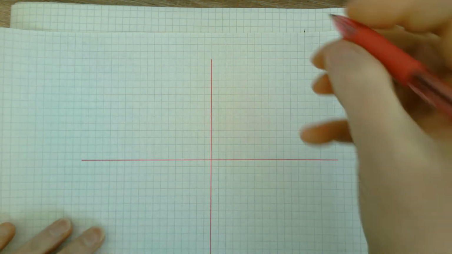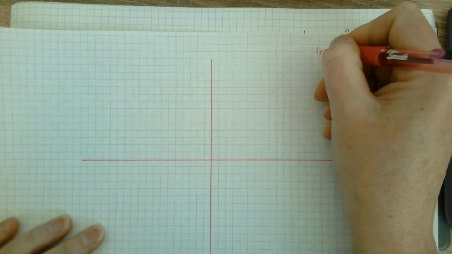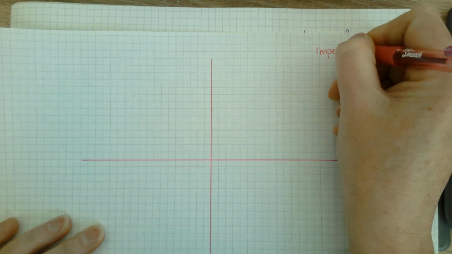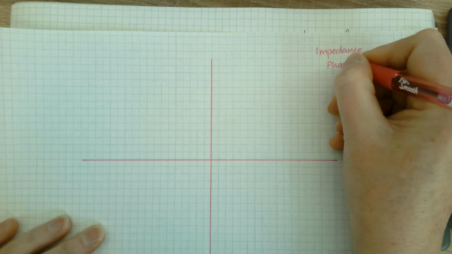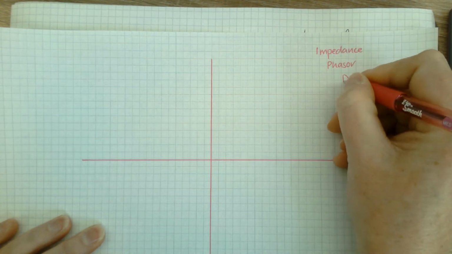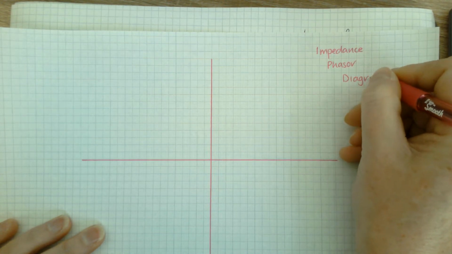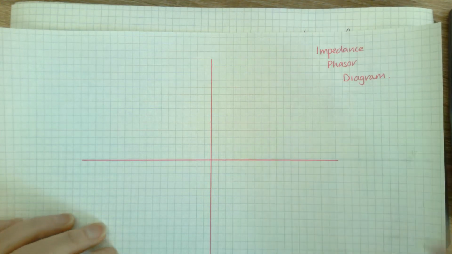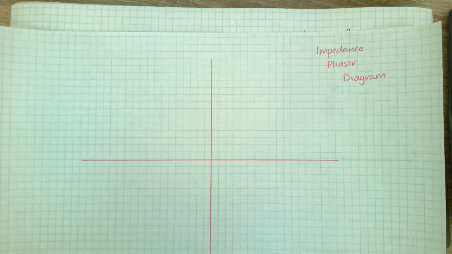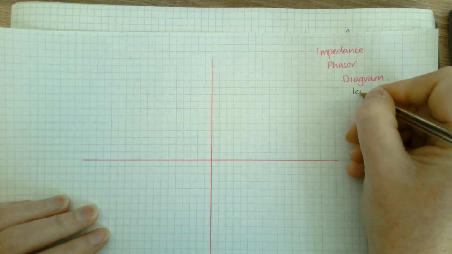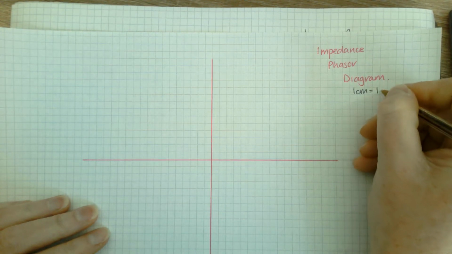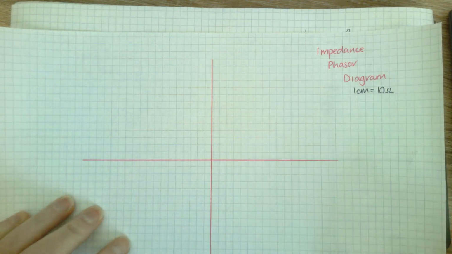The bigger you draw your diagram, the more accurate your readings are going to be. And for my impedance phasor diagram, I'm going to decide that 1 centimetre would be equal to 10 ohms.